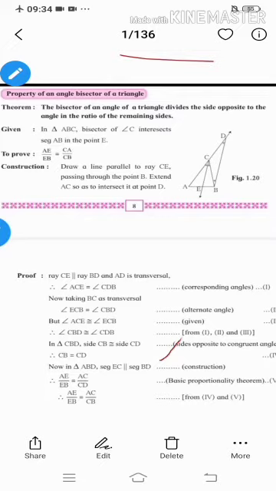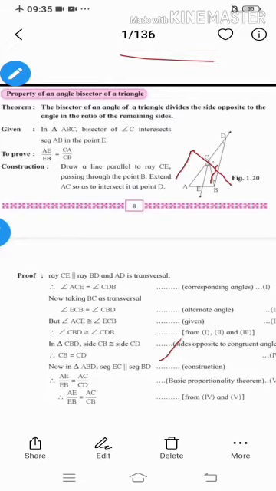In triangle ABC, the bisector of angle C intersects segment AB at point E. That is given. Now what to prove?